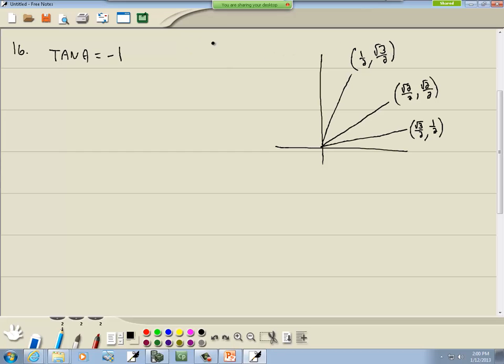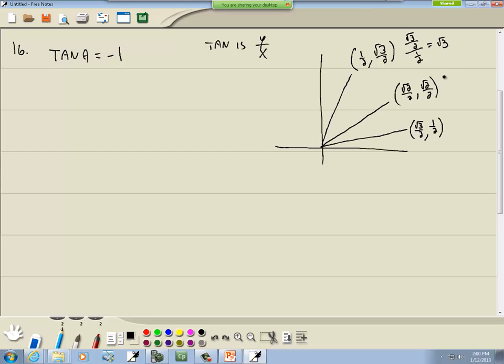Now tangent is y over x. Okay, so if I put this y over this x, I would end up with square root of 3 over 2 over 1/2. And the 2's would cancel since they're the same, and I have square root of 3 over 1, or this would just be square root of 3.